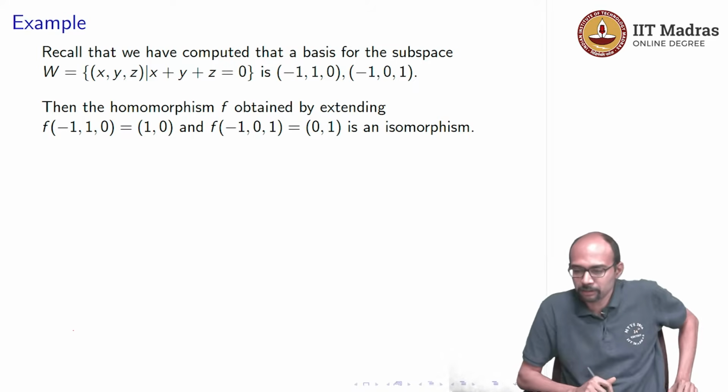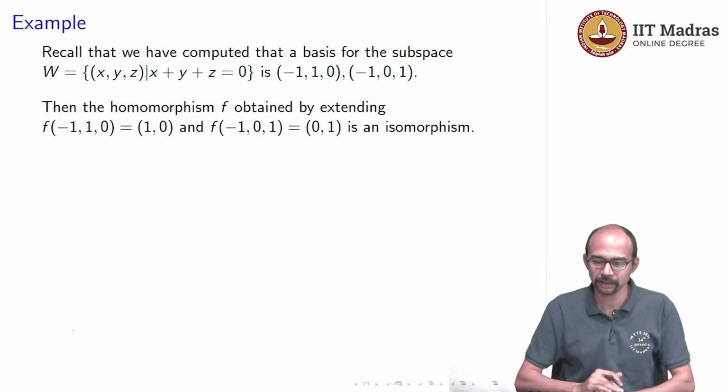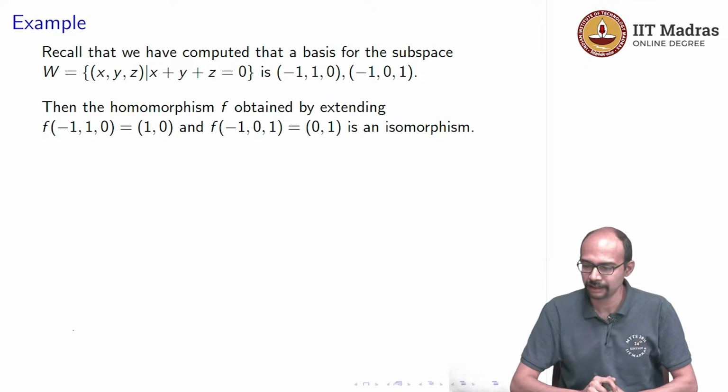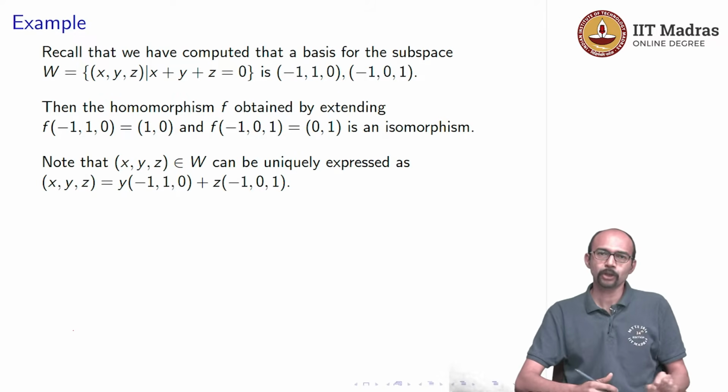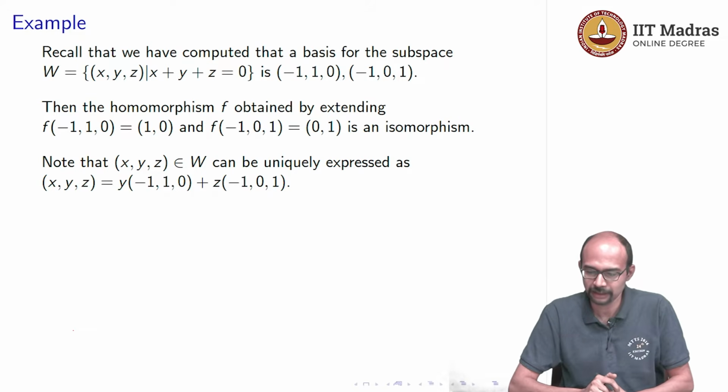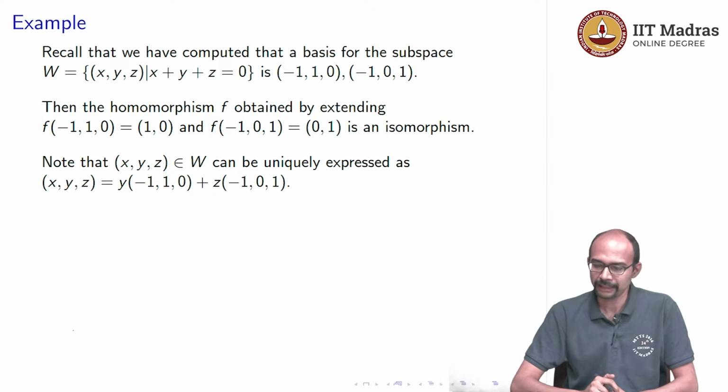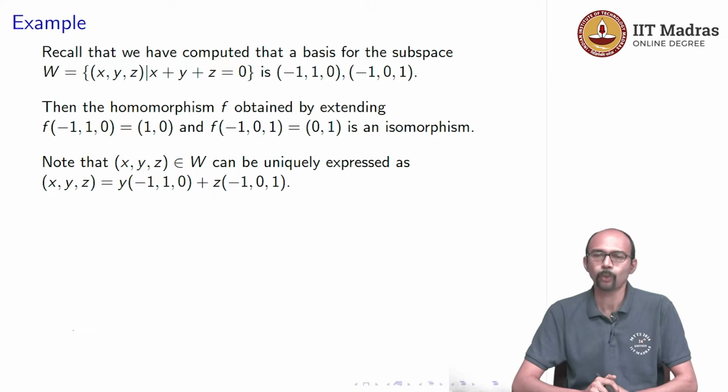Okay, so the homomorphism f obtained by extending f of (-1, 1, 0) is (1, 0) and f of (-1, 0, 1) is (0, 1) is an isomorphism. Why is that? That's because if you write any x, y, z in W, it can be uniquely expressed as y times (-1, 1, 0) plus z times (-1, 0, 1).